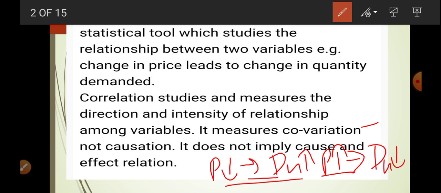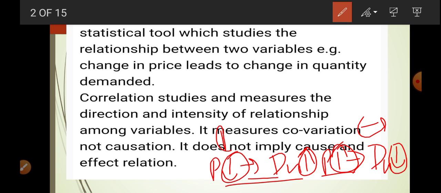Okay, we find a negative relation because both are changing in the opposite direction. And what is the degree of change, that is cleared with the help of the price elasticity of demand. So in this way correlation is a technique or method that explains the relation between two variables.